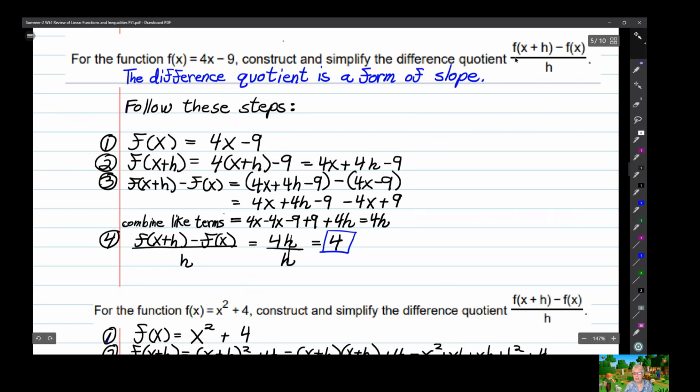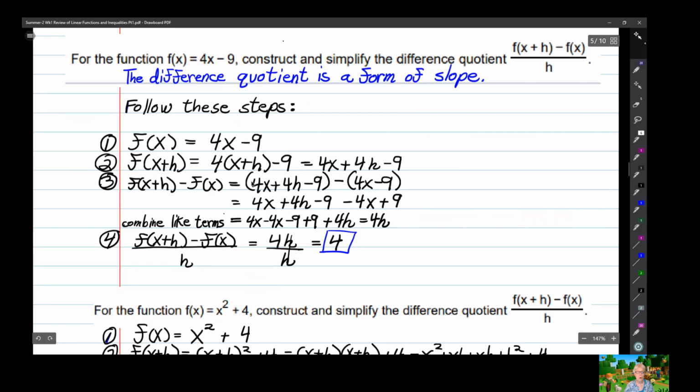Now I have to calculate the numerator. What is f of x plus h minus f of x? That's step 3. We just found out that f of x plus h is 4x plus 4h minus 9. Minus f of x is 4x minus 9.